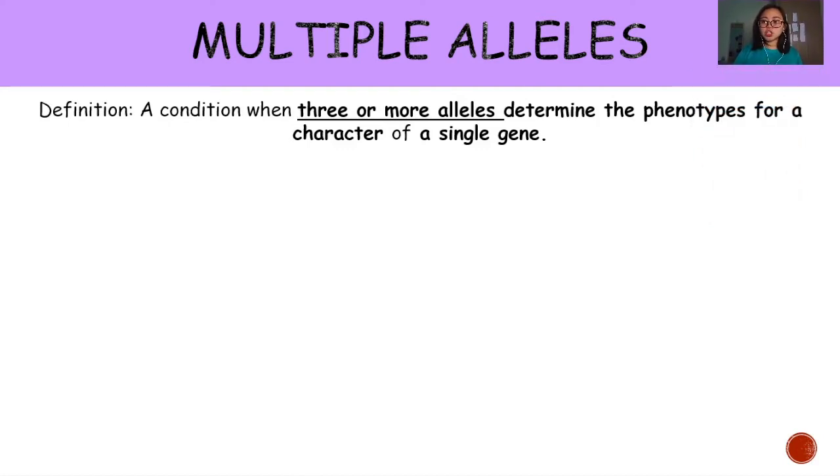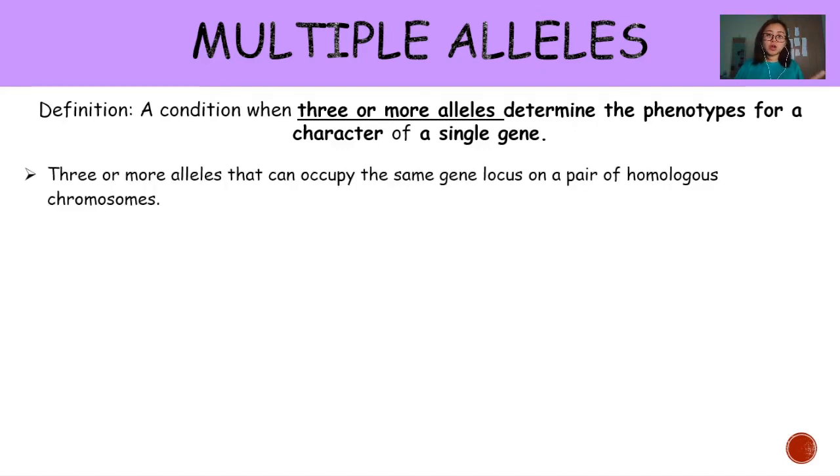So the definition for multiple alleles is a condition where you have 3 or more alleles to determine the phenotype for the characteristic of a single gene. Satu gene ada 3 ataupun lebih dari 3 allele.